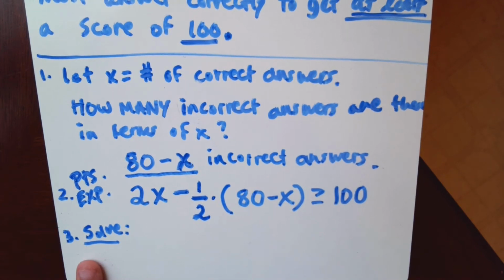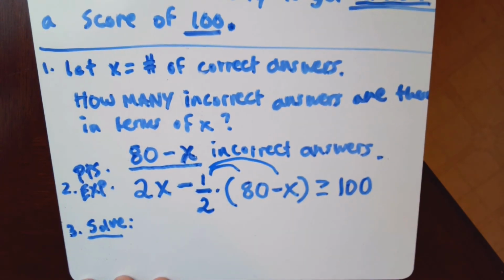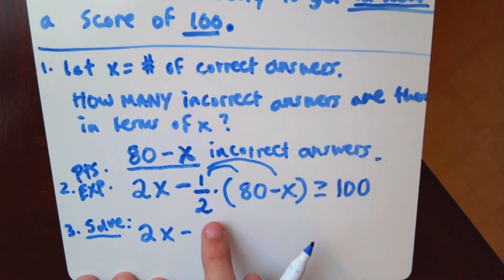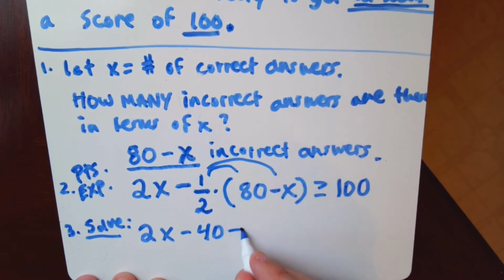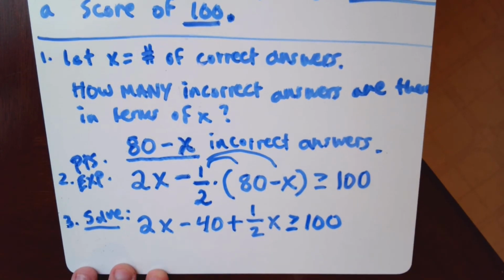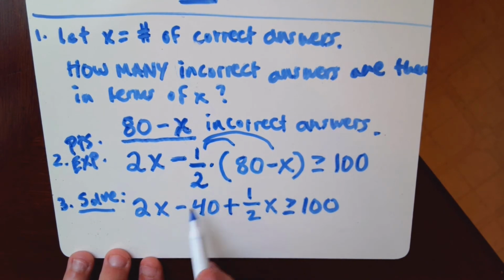To solve this, we can take the minus 1/2 and distribute it through each of those terms, which leaves us with 2x minus a half times 80, which gives us 40. A half of 80 is 40. We have two negatives, so we get plus 1/2 x, and that's greater than or equal to 100. Now the last thing we need to do is combine like terms and solve. I'll leave some of the intermediate steps to you, but I'll explain them verbally anyway.